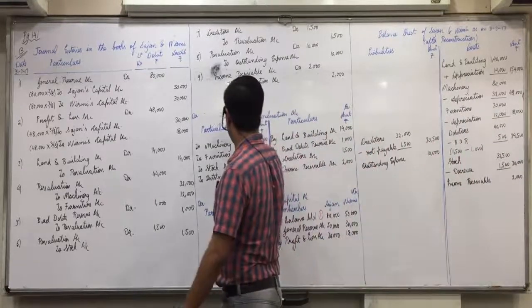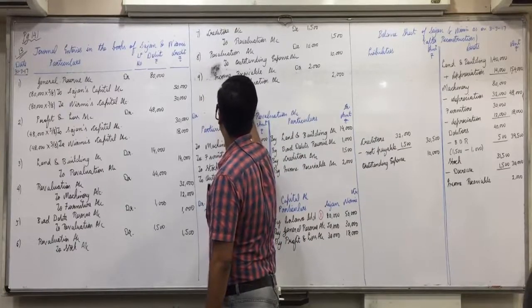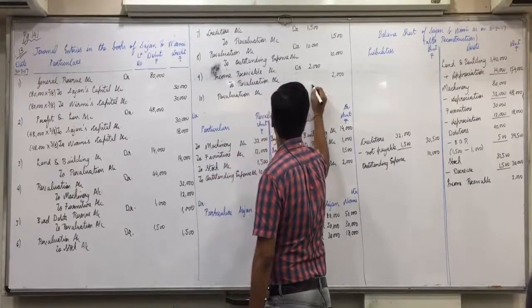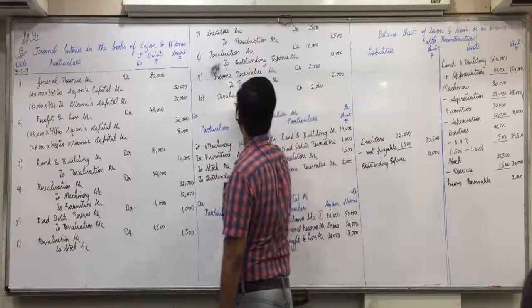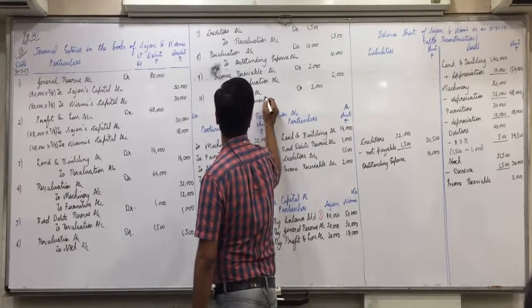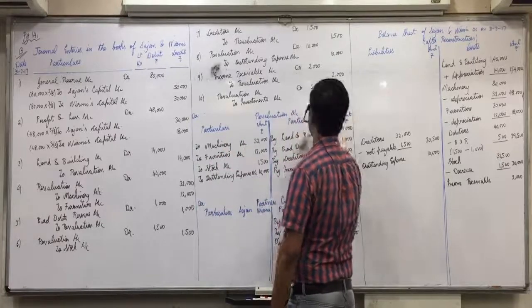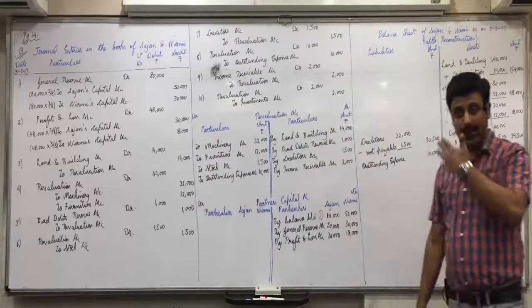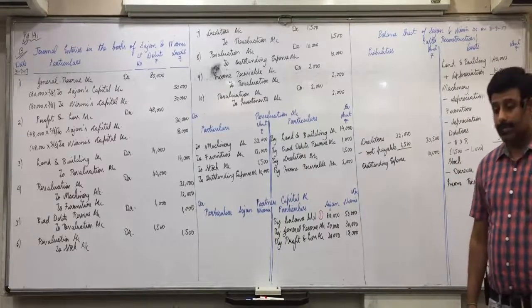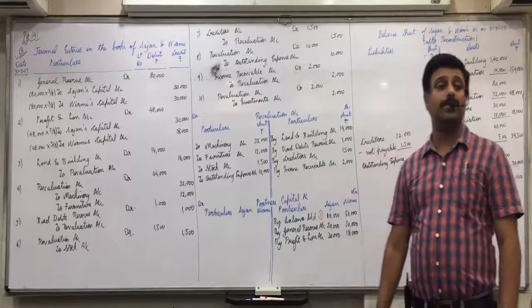Loss, so revaluation account debit 2,000 to investments account 2,000. Are you okay with this? Being decrease in the value of investments.